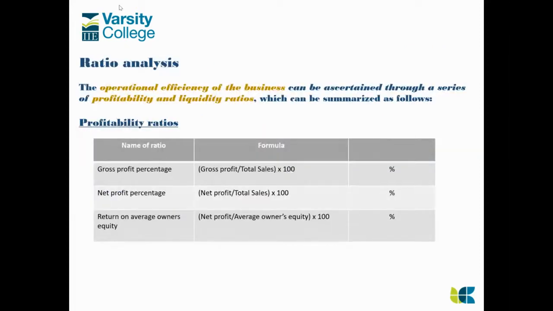Okay, now here we start to jump into the ratios. Now you have types of ratios. And the first set of types of ratios that we have is profitability. Profitability ratio, we have the gross profit percentage. Now, guys, now that we are starting to get into the numbers, this is what you need to do.